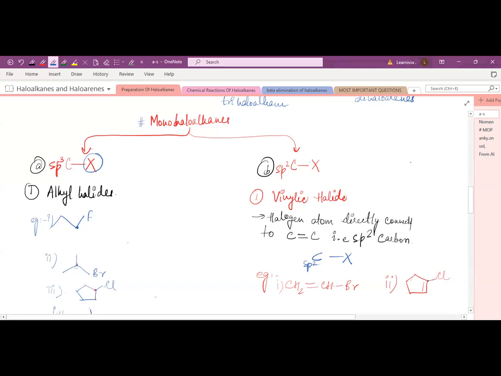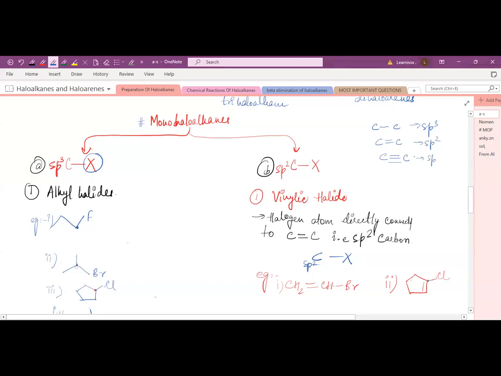There is a very simple trick. When you see a carbon-carbon single bond, this is sp3 hybridized. If you see a carbon-carbon double bond, this is sp2 hybridized. If you see a carbon-carbon triple bond, then it is sp hybridized.